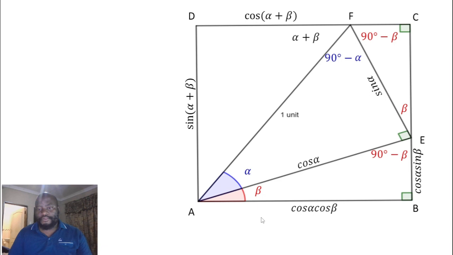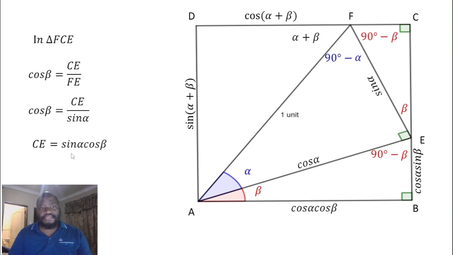Then we go to the last triangle. In FCE, we say cos beta is CE, this side, divided by this side, FE. And FE is already found to be sine alpha. We can put it in here. Then multiplying both sides by sine alpha, we get CE equals sine alpha cos beta.